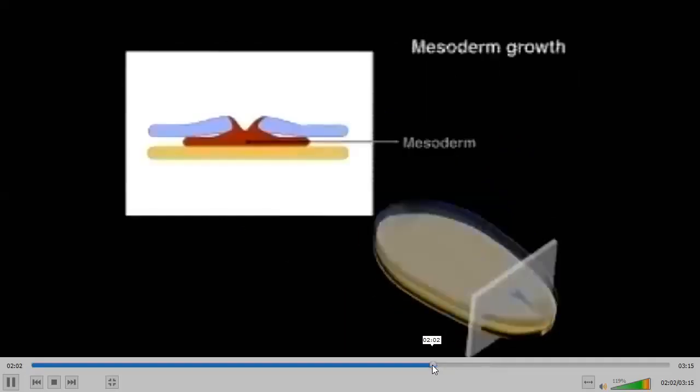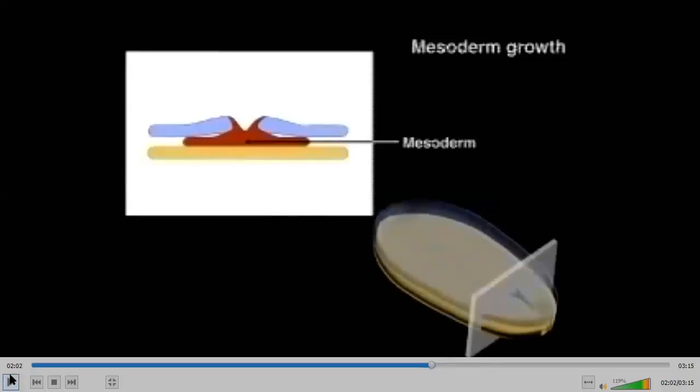Okay, so the formation of mesoderm is also shown to you. A little bit back we'll go. Yes, this is the thing which I showed to you. So this is epiblast, and epiblast ingression makes the formation of endoderm.